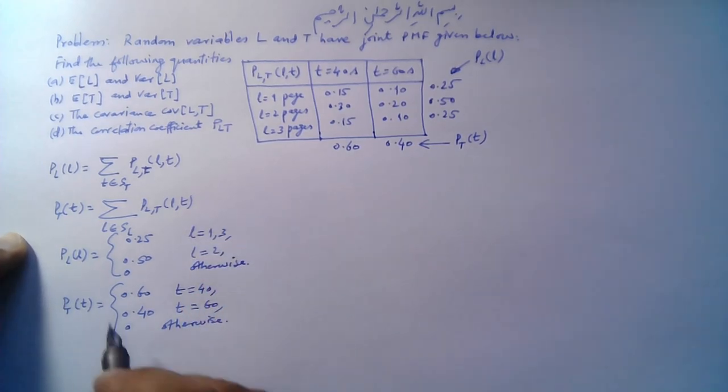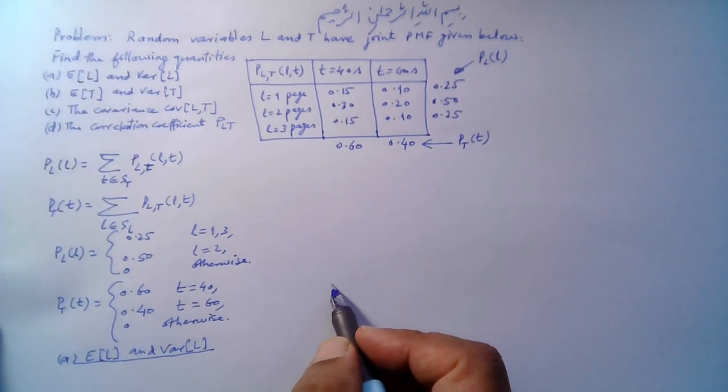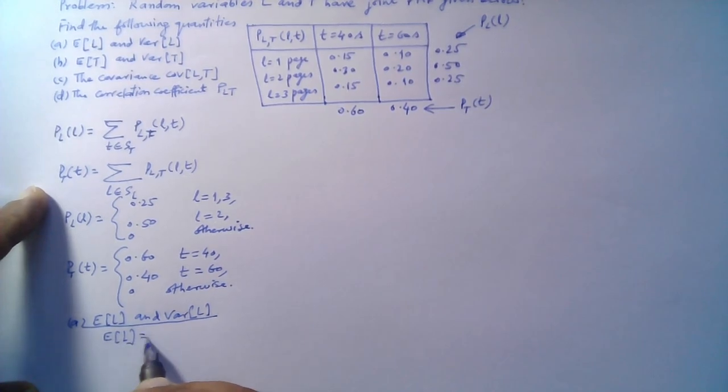Now we can proceed to solve for the expected value of L and variance of L. So the expected value of L is given by this formula here.